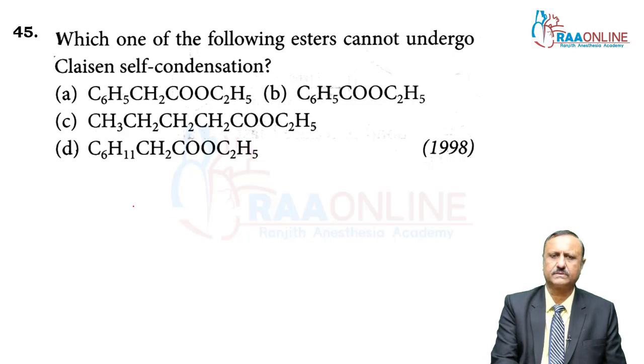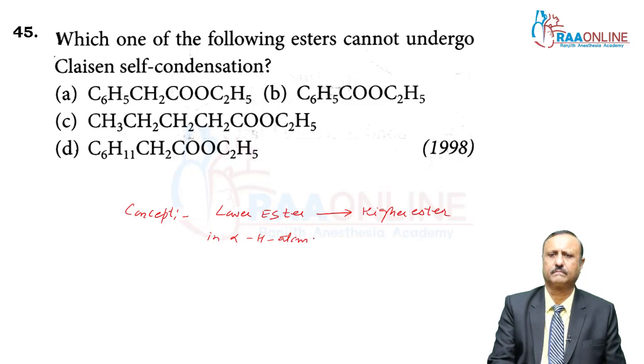What is Claisen self condensation? Lower esters form higher esters, in which alpha hydrogen atoms are present.